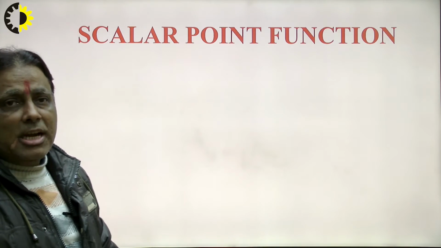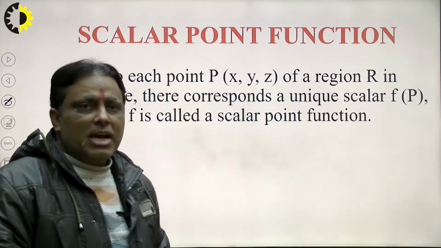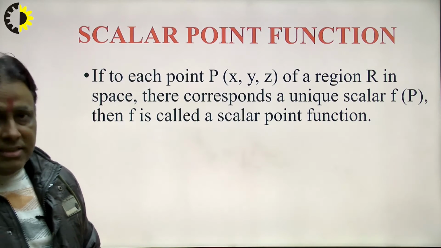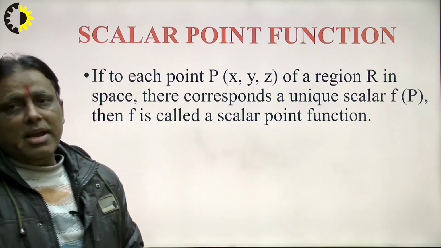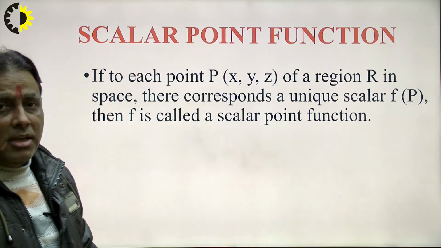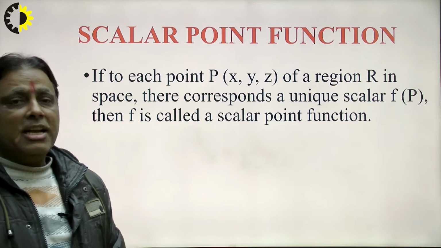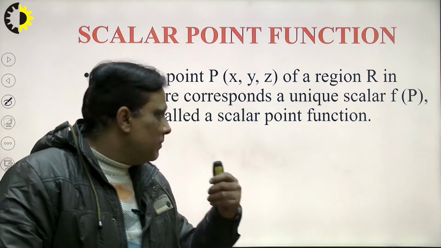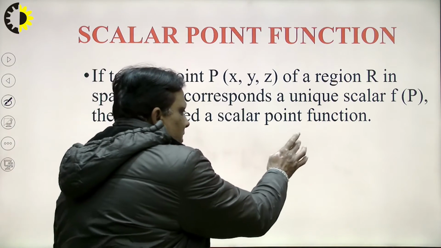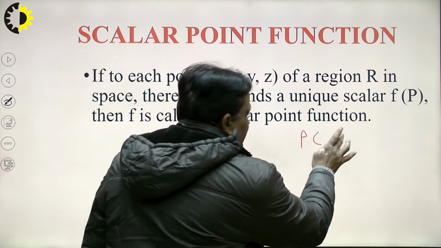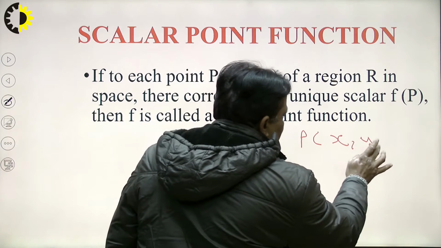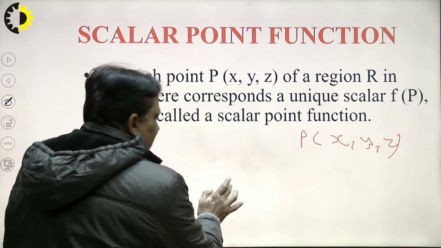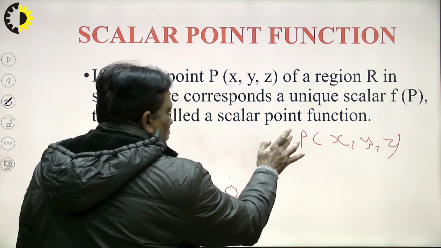First, the scalar point function. What is a scalar point function? If to each point P(x, y, z), that means a 3-dimensional point, in a region R in space there corresponds a unique scalar F(P), then F is called a scalar point function. Suppose I have a point in space whose coordinates are P(x, y, z), and another point is the origin, 0, 0, 0.